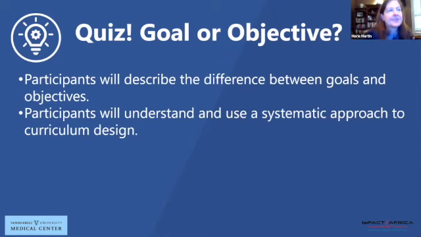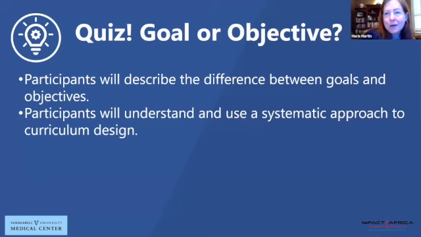Great. The second question, and this was divided amongst the two people who responded, and I'm not sure who the two people who responded were, so you're anonymous, so you're off the hook. Participants will understand and use a systematic approach to curriculum design. Is that a goal or an objective? Goal.